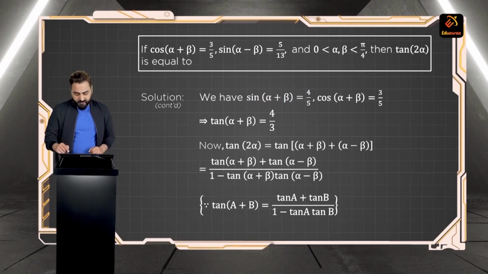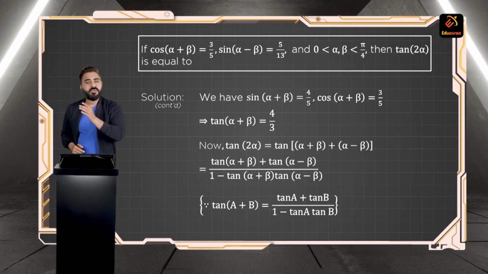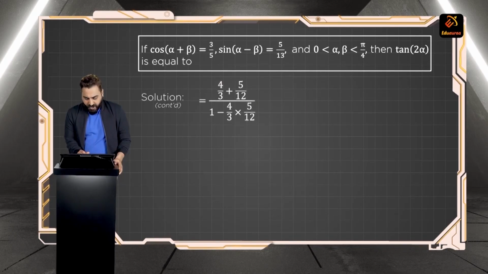Now students, we have these values, we just have to substitute, and when we substitute, what do we get? (4/3 + 5/12) whole upon 1 - (4/3)(5/12).